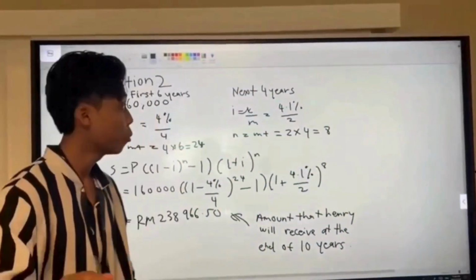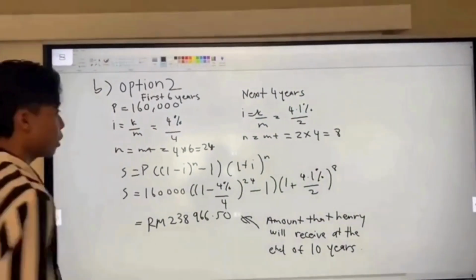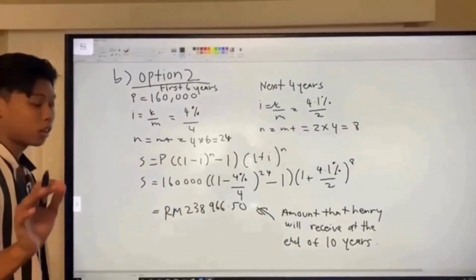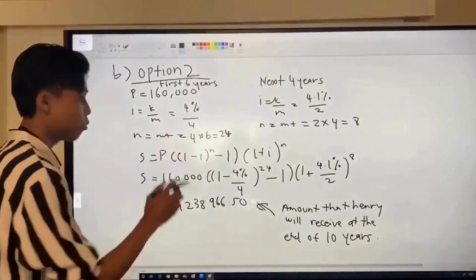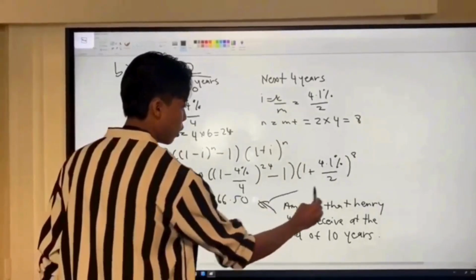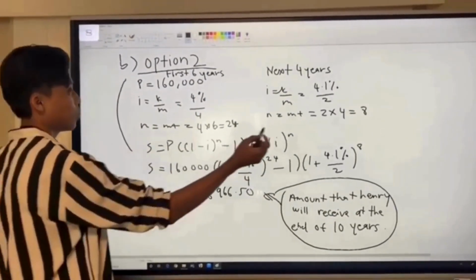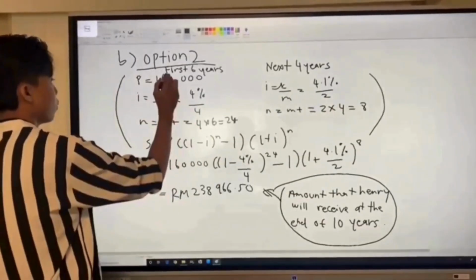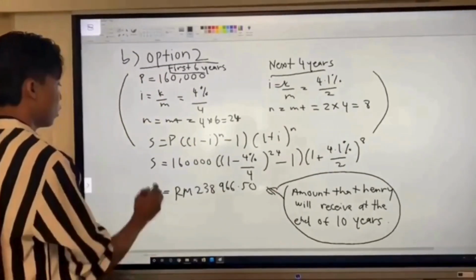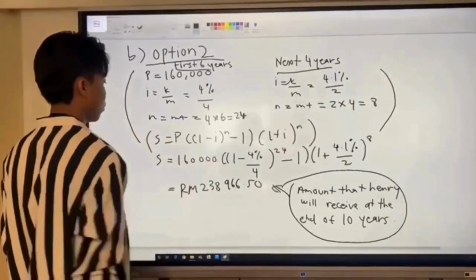Now we will proceed to question B, same question but in option 2. What we need to find is the amount that Henry will receive at the end of 10 years. Here is what we have shown you: we have 6 years and next 4 years. And here is the formula that we will use.